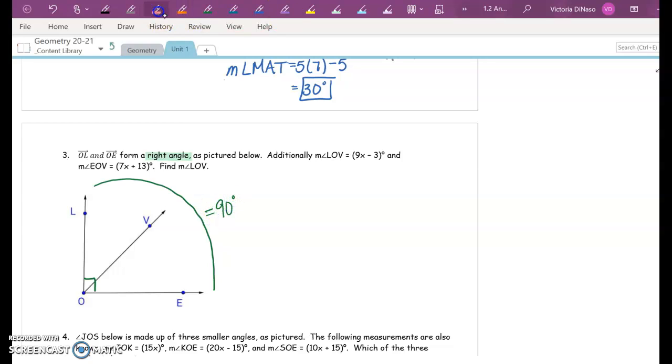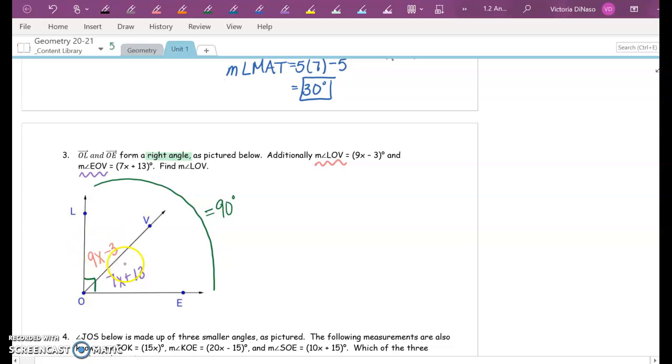Then it says additionally, the measure of angle LOV, so from L to O to V, is 9x minus 3. And we have that the measure of EOV, from E to O to V, is 7x plus 13. We're going to find the measure of angle LOV.